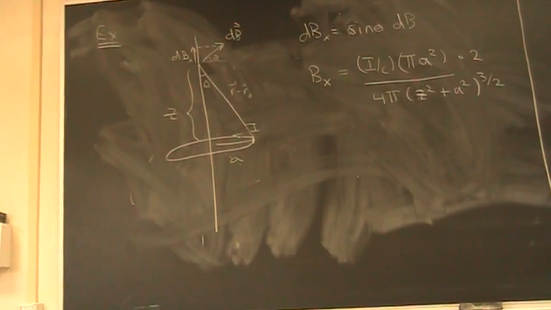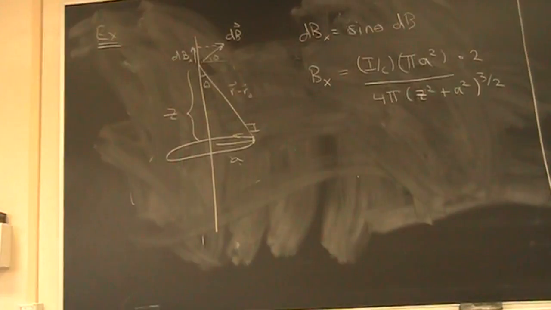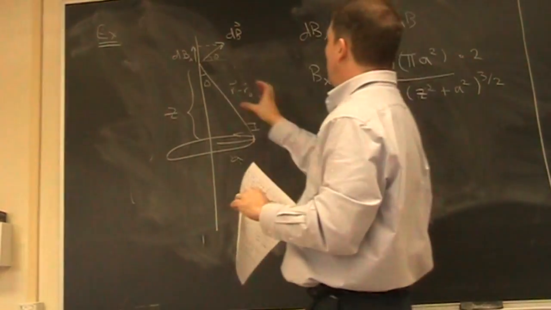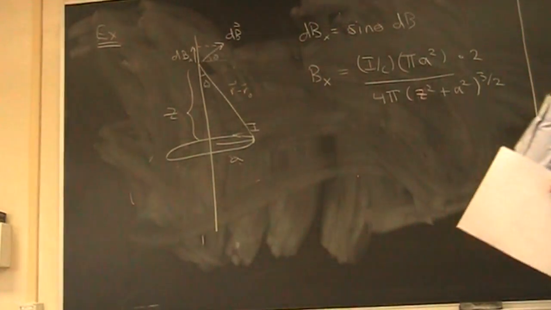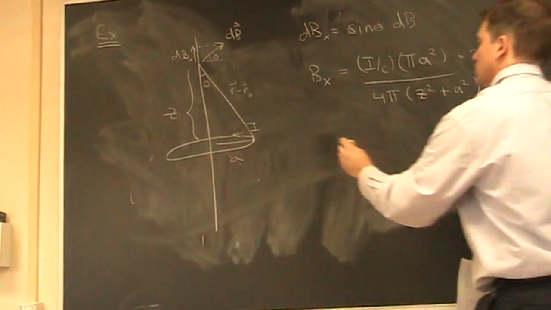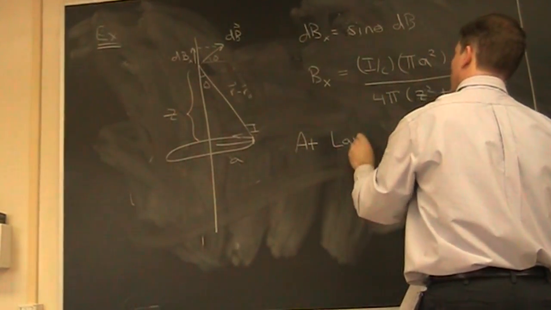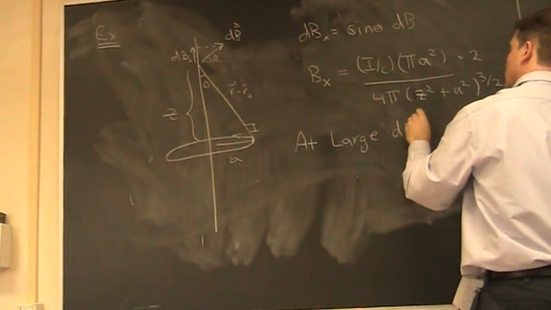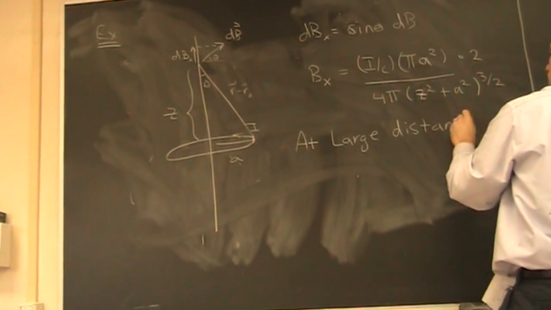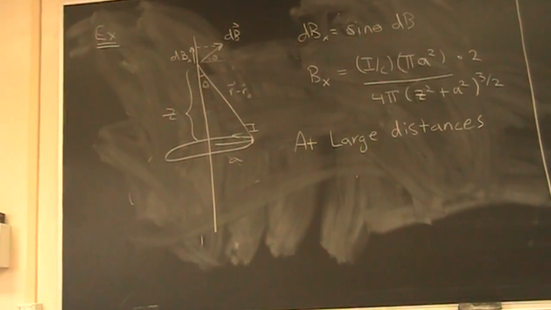My point for recalling this is not because I don't think you know that problem. My point is the following. Let's just remember that at large distances you would expect the whole thing to be dominated by the magnetic dipole moment.